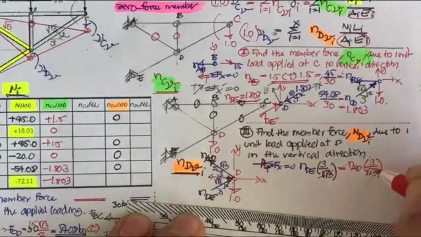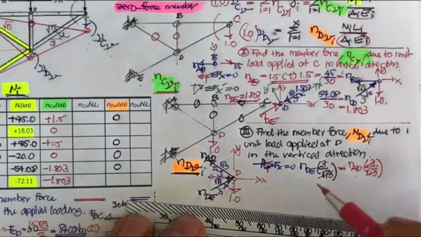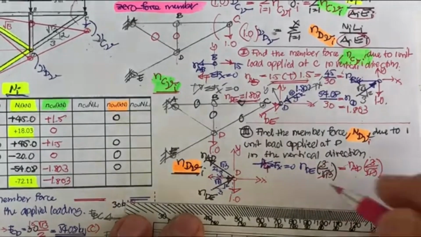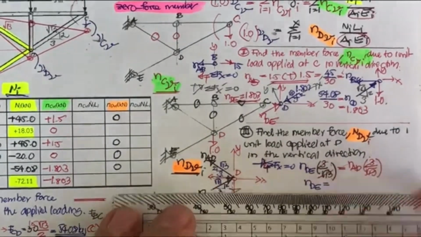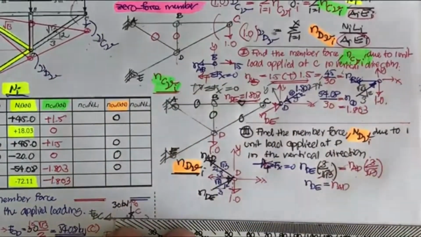So you may see this cancels, and N sub DE is equal to N sub AD.